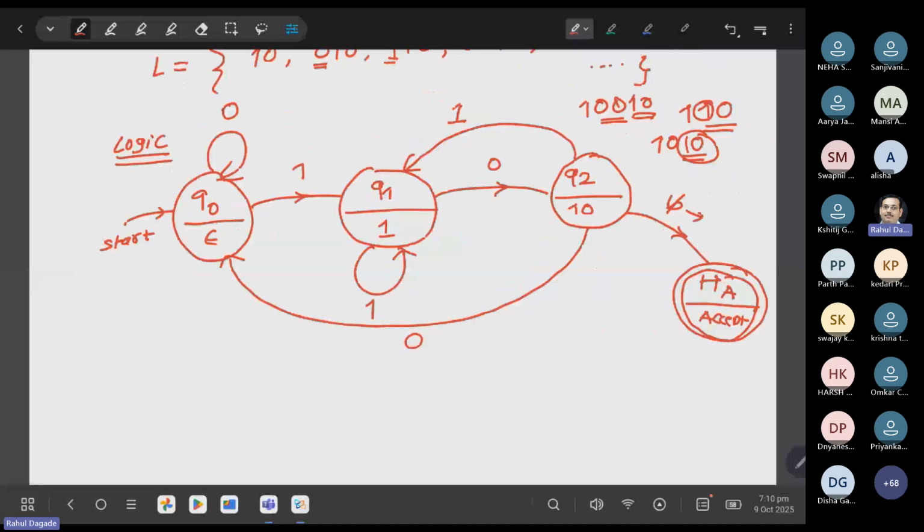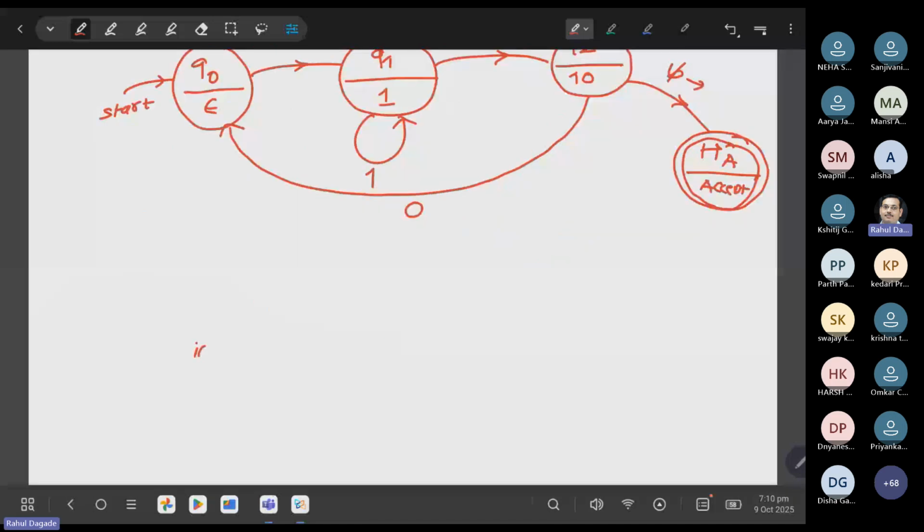if my input is, let us take an input. So the input is blank 0 1 1 0 blank. Initially the pointer is here.